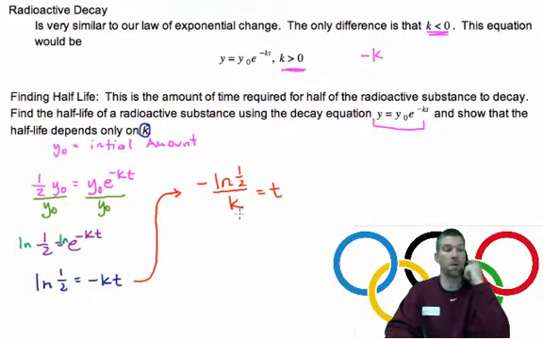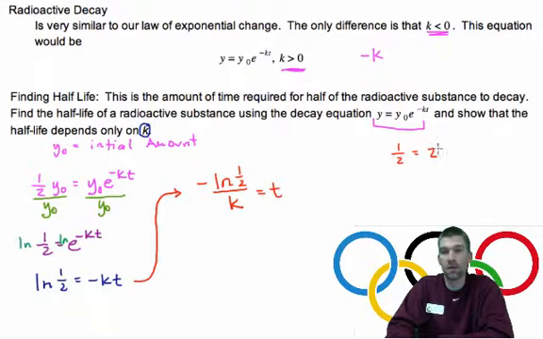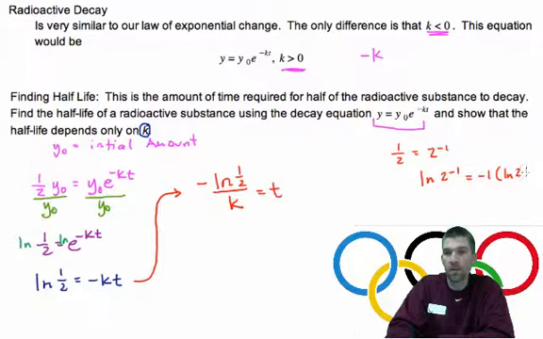Okay, well, that looks cool and all, but there's one more step, and that is this. If I am looking at 1/2, that's the same thing as 2 to the negative 1. And if I have a logarithm where I have 2 to the negative 1, that's the same thing as taking that negative 1 and multiplying the logarithm.